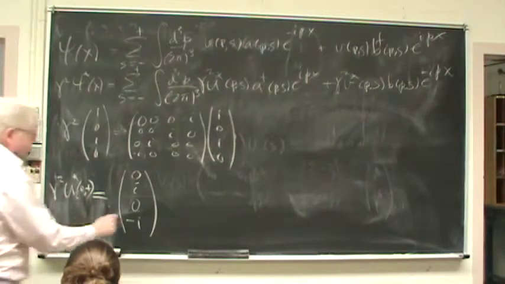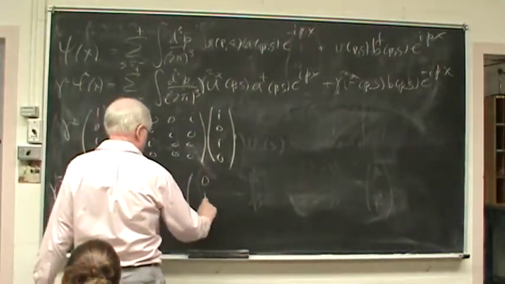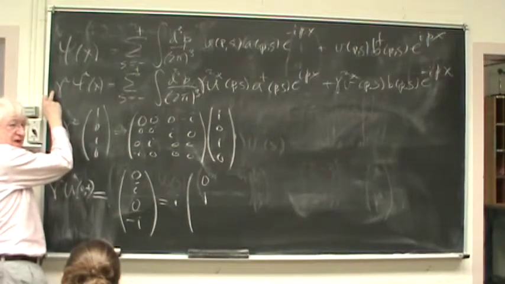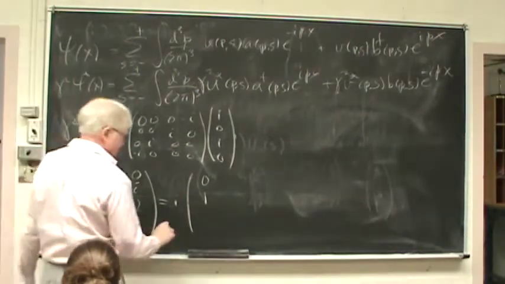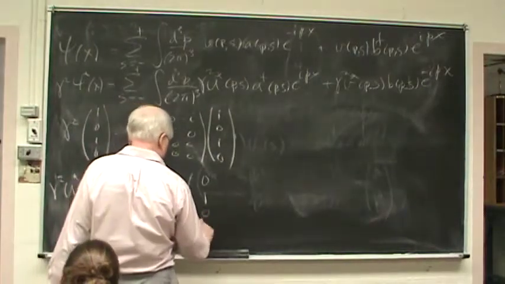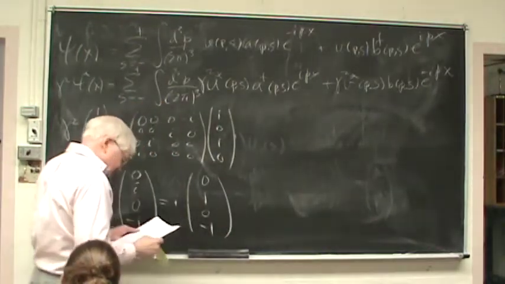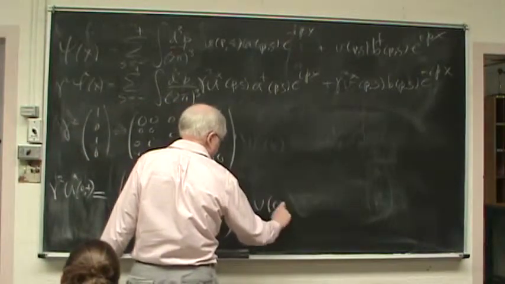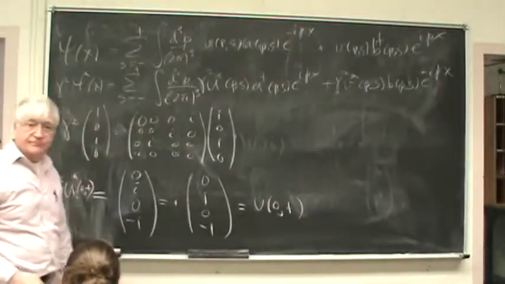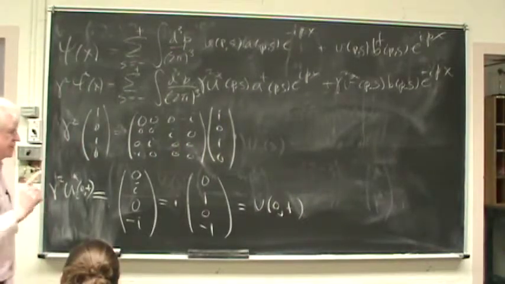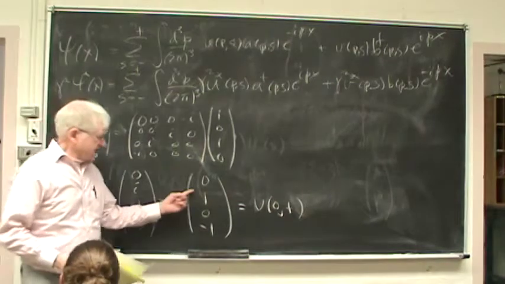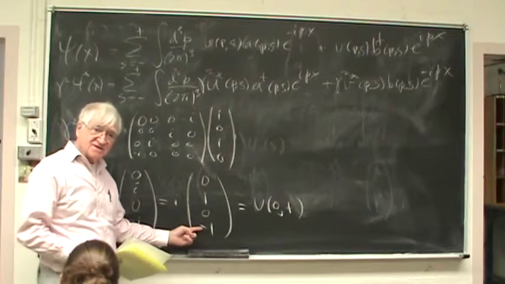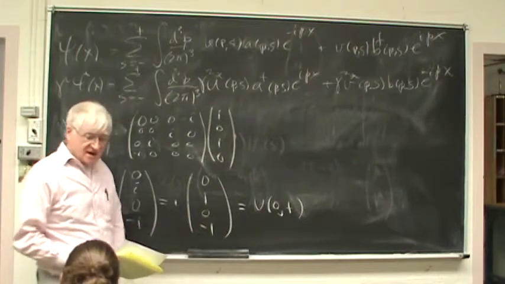The overall factor of i I'm not interested in, because you really want to define this with an i, and I'm not paying attention to that. What v is that? Well, that is v plus, because we chose to have beta plus 0, 1. And then this guy has to be minus beta plus.